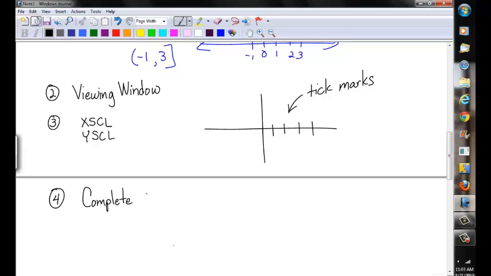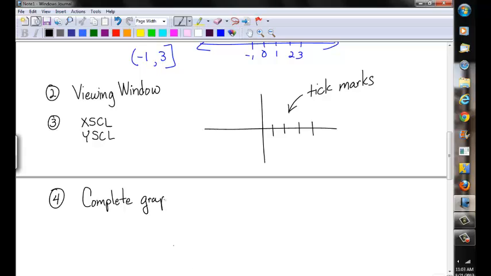But let's say I give you this, and I'm graphing this equation.